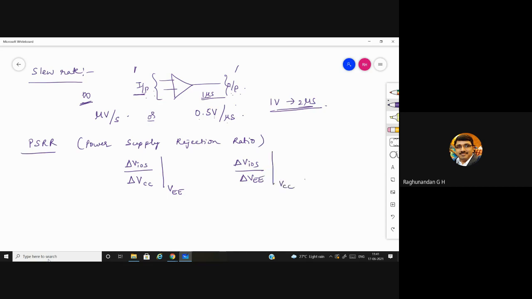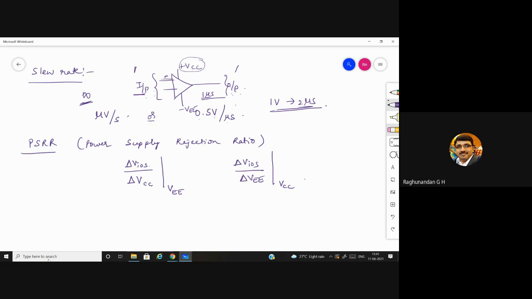See, taking this op amp, this is plus VCC and minus VEE we have taken. These are the two power supplies which we are going to take for the op amp. If there is any fluctuation in plus VCC, there will be some changes or unwanted signal which is getting added up at the input terminals.